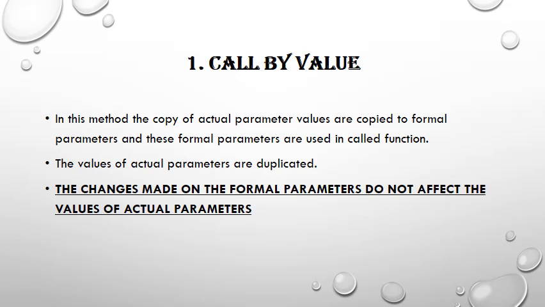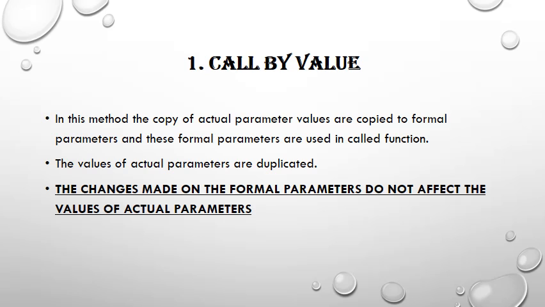First one is pass by value or call by value. In this method, the actual value of the parameters are copied to the formal parameters. Actual parameters are the values of the variables we use when calling the function. Those values get copied to the parameters in the called function, that is, the formal parameters.